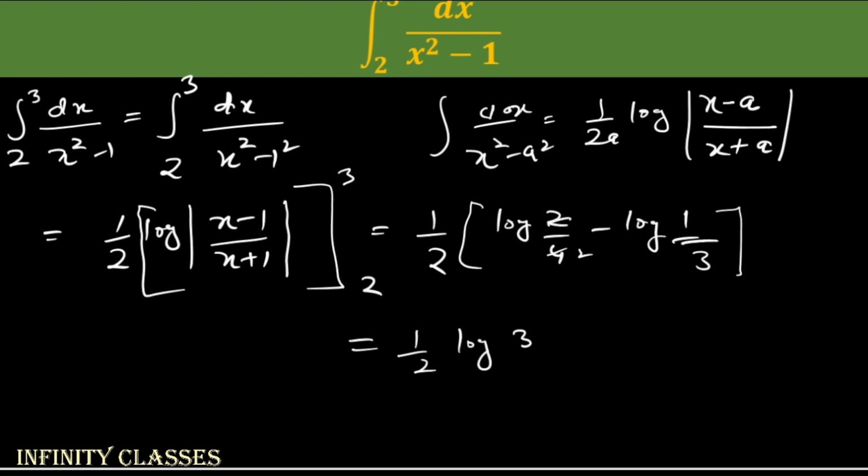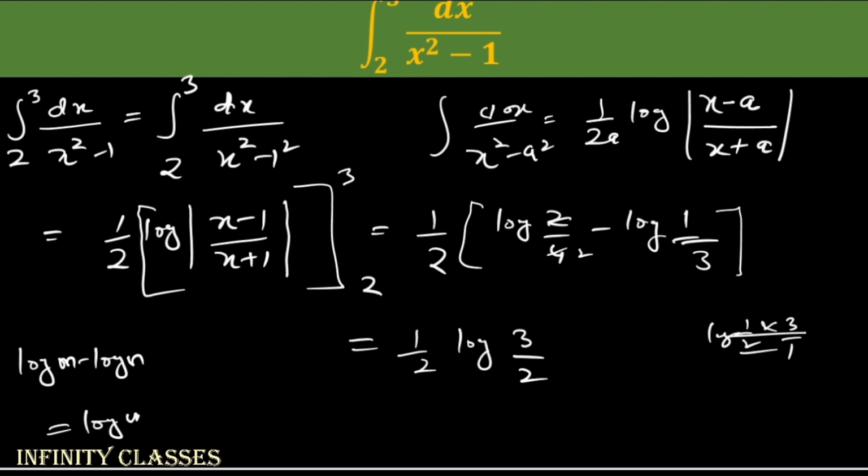So here is 3 upon 2, because this will be m upon n, 1 upon 2 into log of 3 upon 2. As we have already discussed, log m minus log n is log m upon n. So this is our final answer. Now we'll do next.